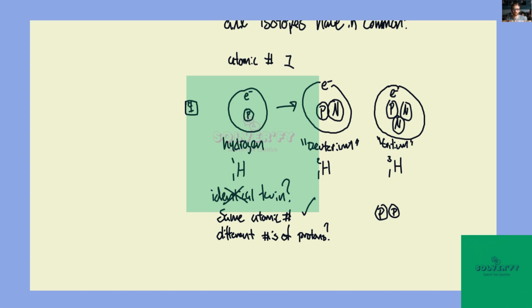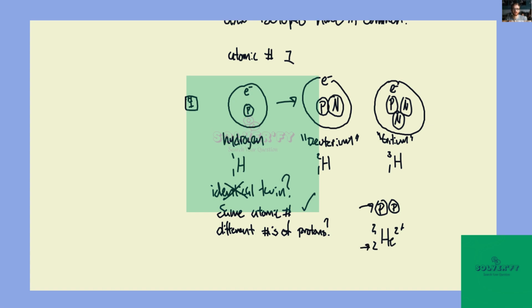This would be helium, right? Atomic number 2. But the point is, the second you add a new proton, it's not the same element anymore, because elements are defined by the number of protons they contain, or another way to put that is their atomic number. So this is not true.